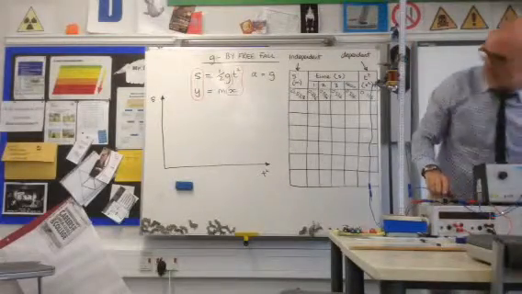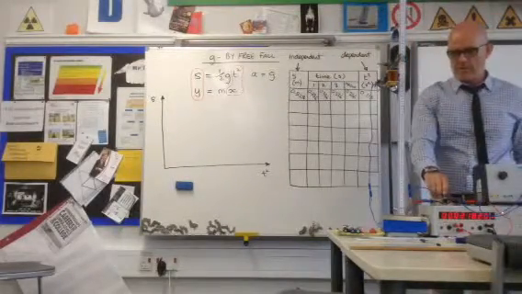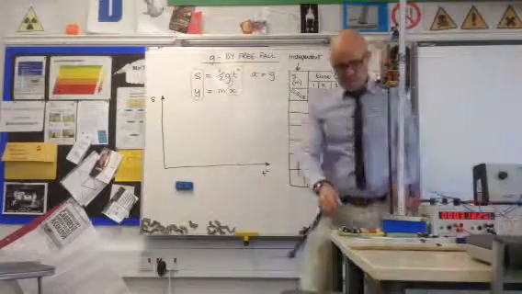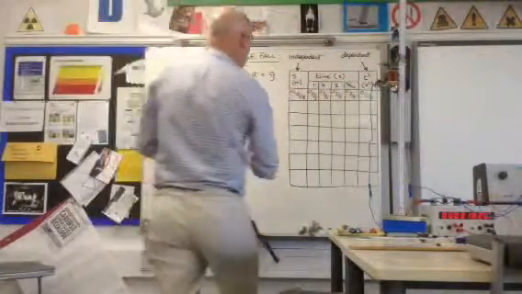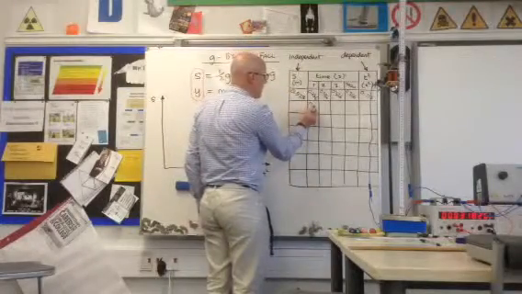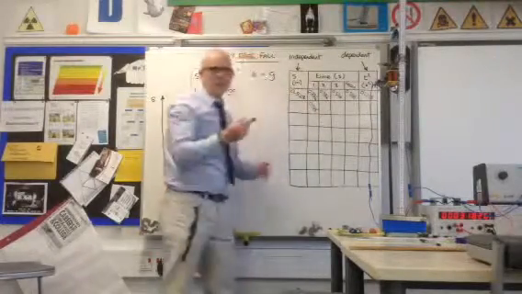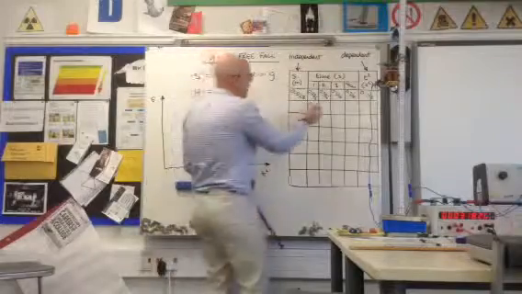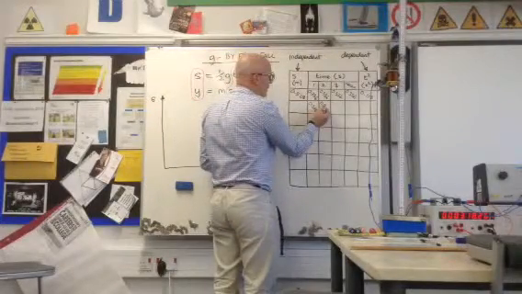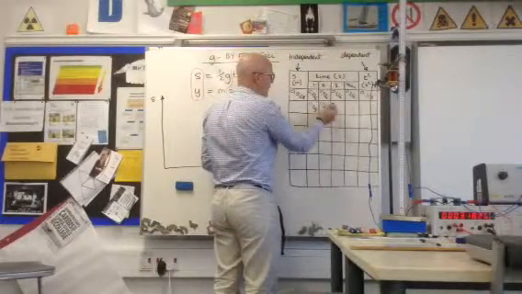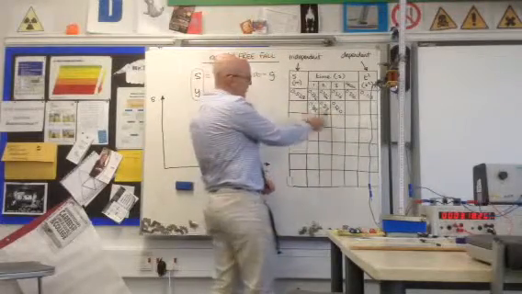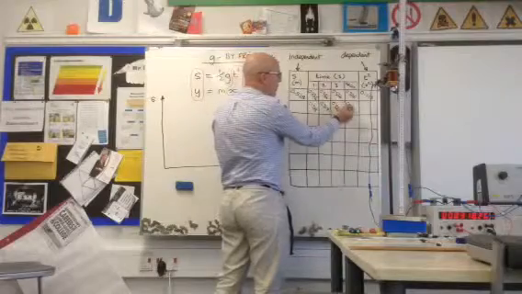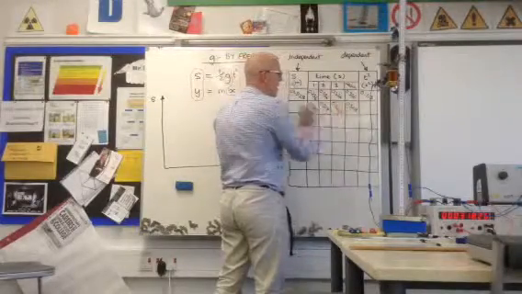Reset the timer. Let the ball drop, and we get a new time, and I'm just going to assume that we just repeat the experiment, and let's imagine we get 0.319 and 0.320, and the average would be 0.319.